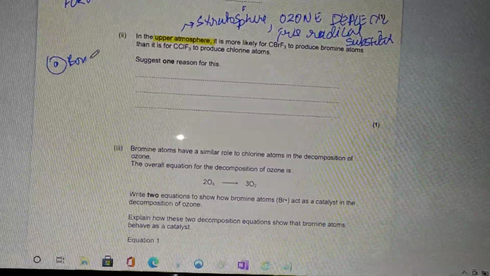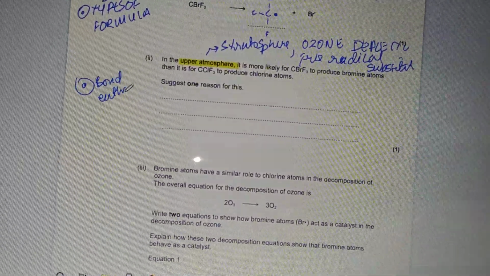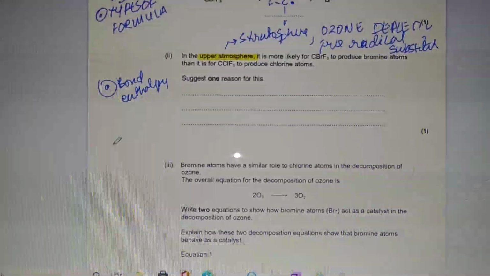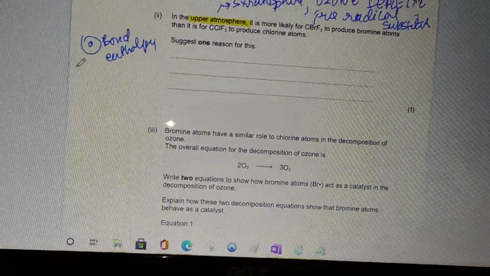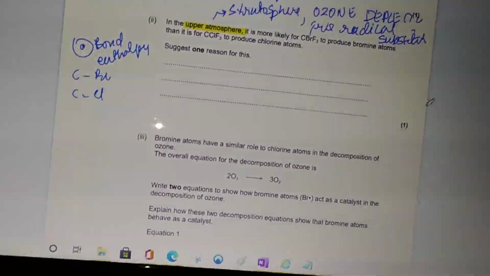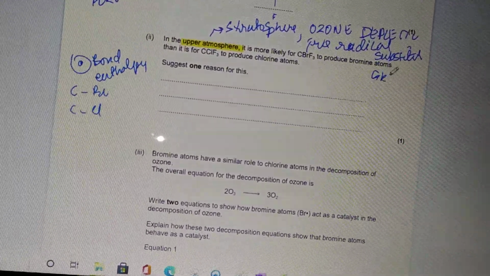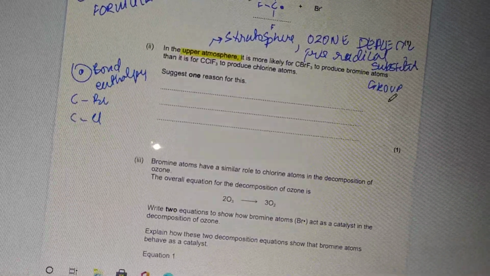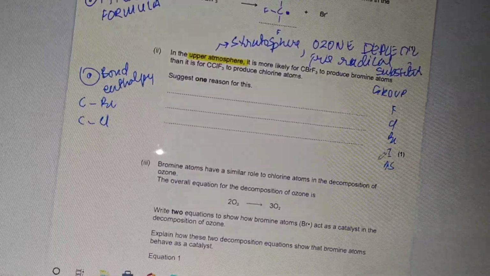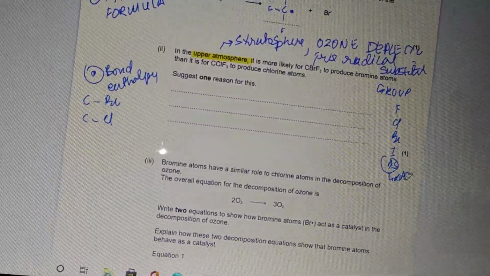This is jogging your memory right back to, I think it's the energetics chapter, which you would have done, where we talk about the C-Br versus C-Cl. As we know, if you remember back from the group 7 elements: fluorine, chlorine, bromine, iodine, astatine. Obviously, astatine being radioactive, we don't really use that.